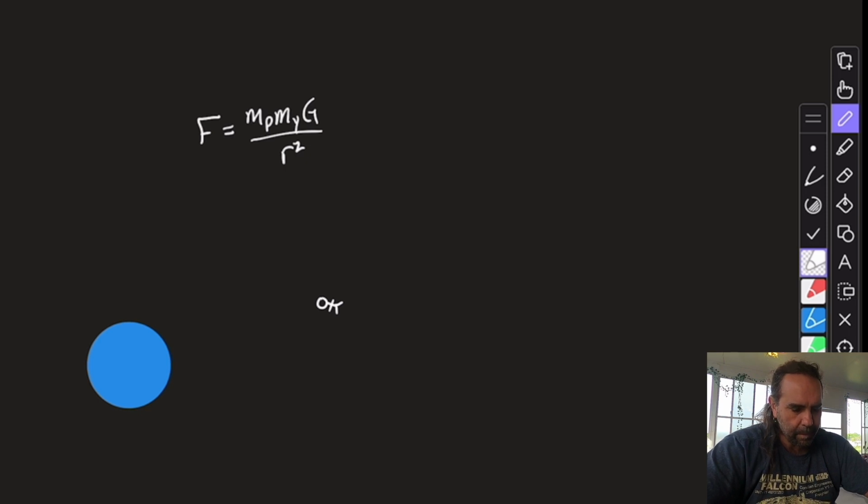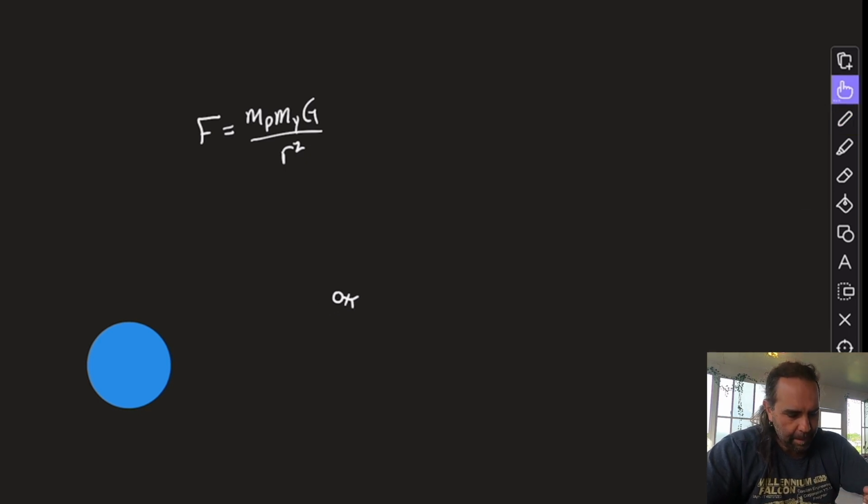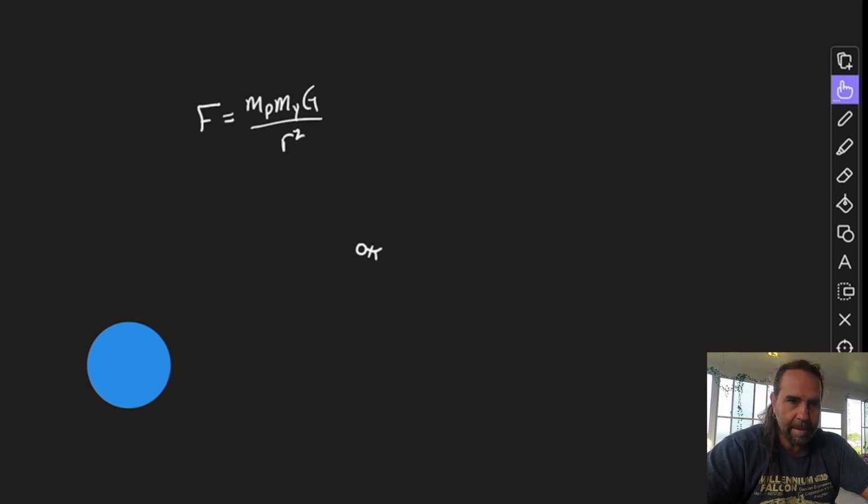So, how do I deal with the fact that gravity is based on a separation distance and two masses? The masses can't go to zero, clearly, but if I increase the separation distance, the force goes down. So how far away do I have to place you so that you no longer are experiencing the gravity from the planet?